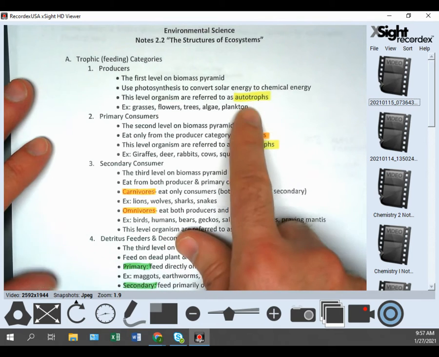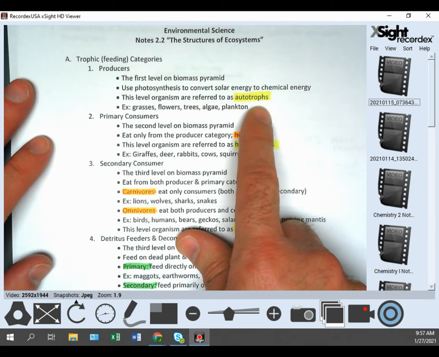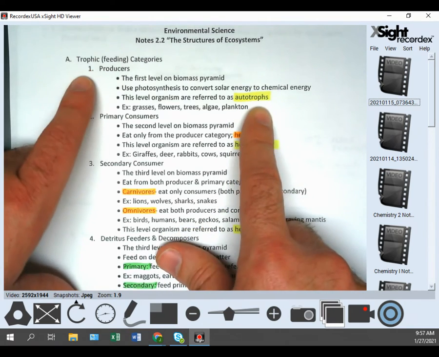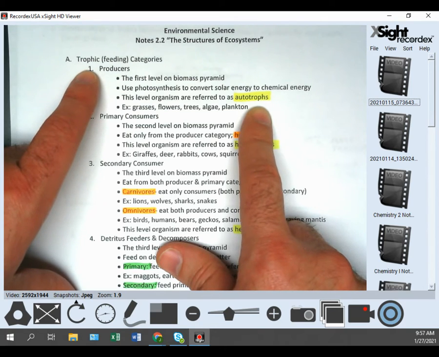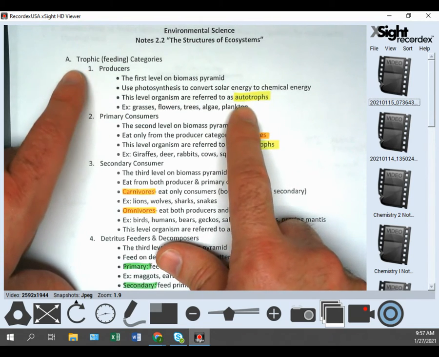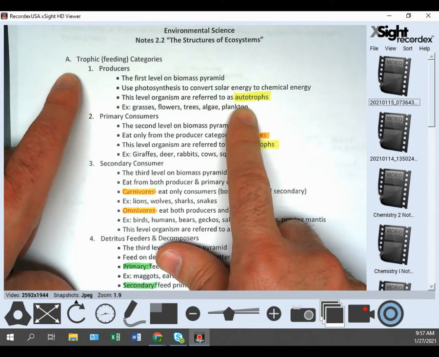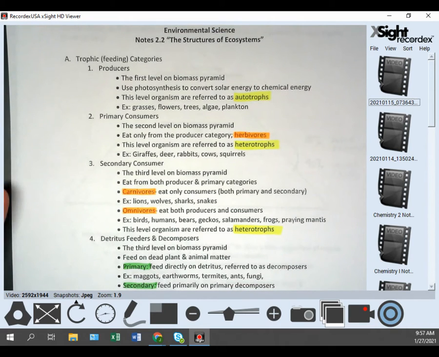If we break down the word autotrophs, troph is from the trophic, we already said refers to feeding, right? Anybody want to guess what auto refers to? Auto is self. So auto here is referring to self-feeding.